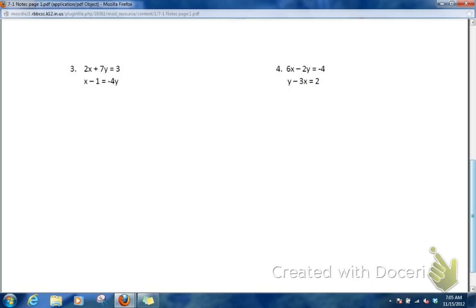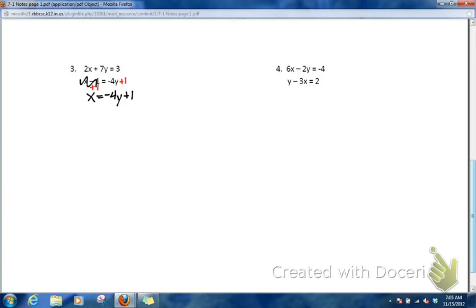So I look at these two equations, and I notice that, hey, this x is 1x. So that should be pretty easy to get all by itself. And I'm going to do that by adding 1 to both sides, and that turns this equation into x equals negative 4y plus 1.